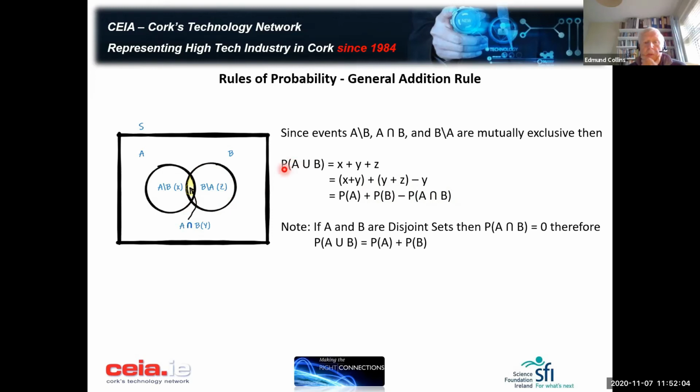We're saying the probability of A or B or both equals the probability of A plus the probability of B minus the probability of A and B.